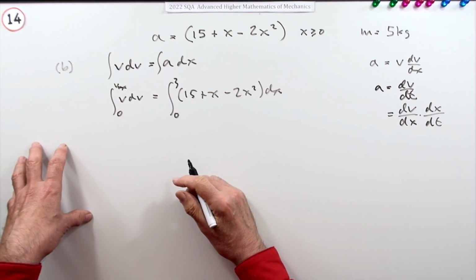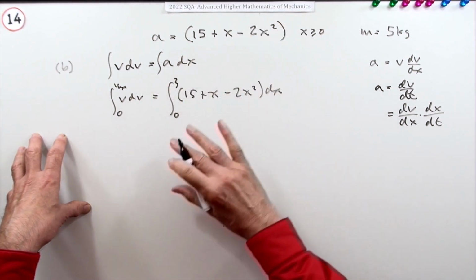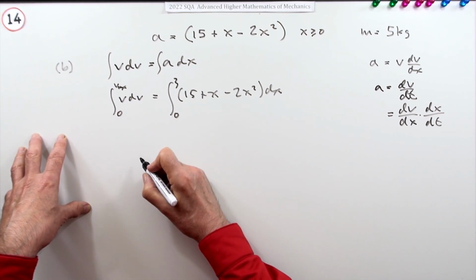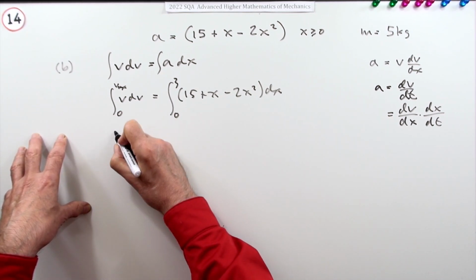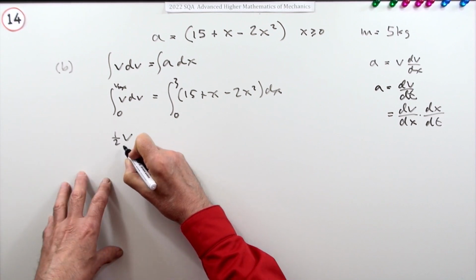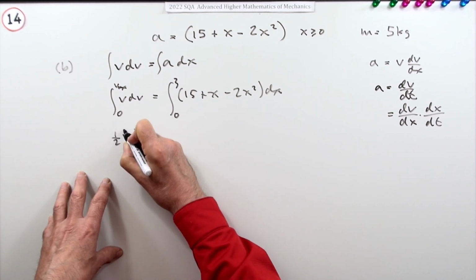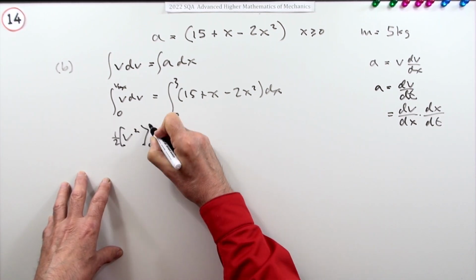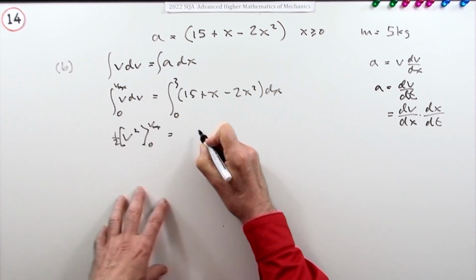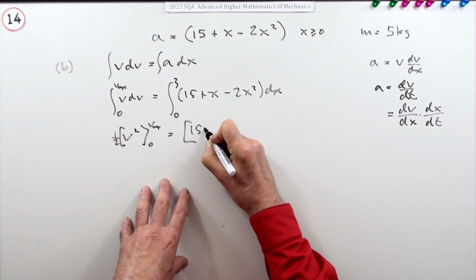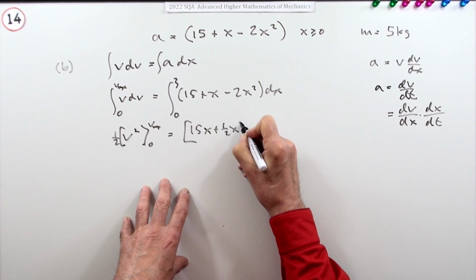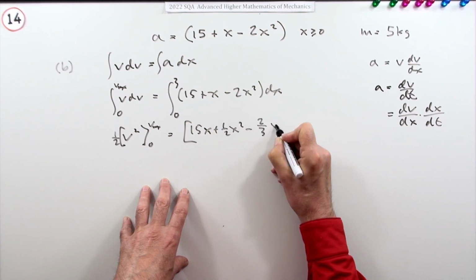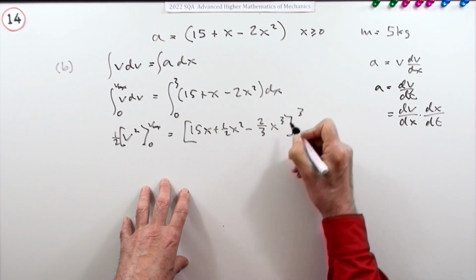I don't know how they would have been put down, because this actually applies to the whole lot, not just to the second part. In which case you've got a half of v squared from 0 to v max would be 15x plus a half of x squared minus 2/3 of x cubed from 0 to 3.